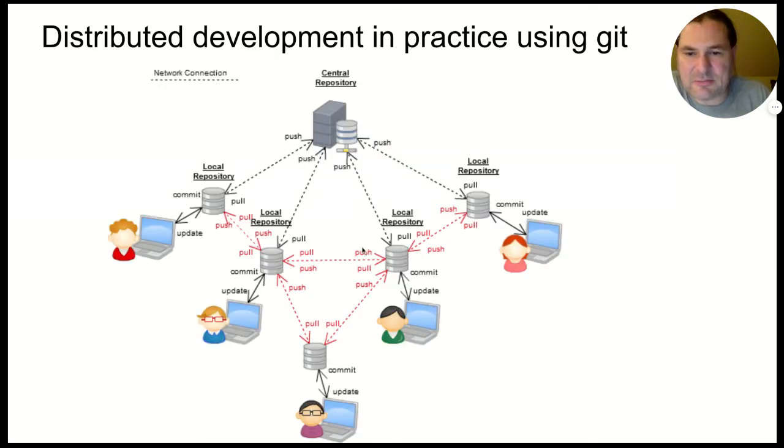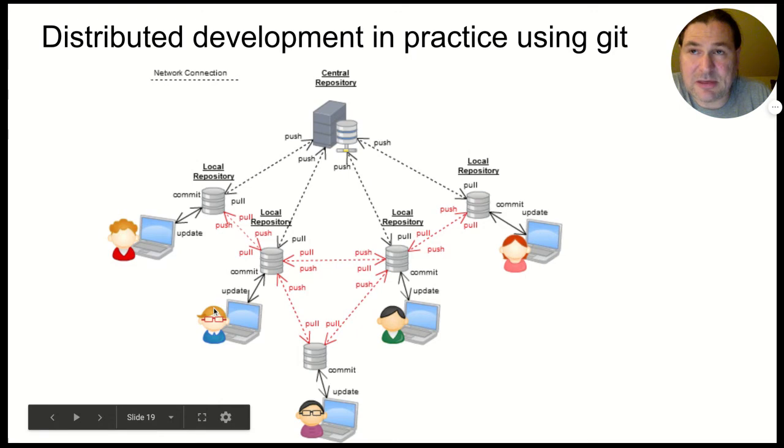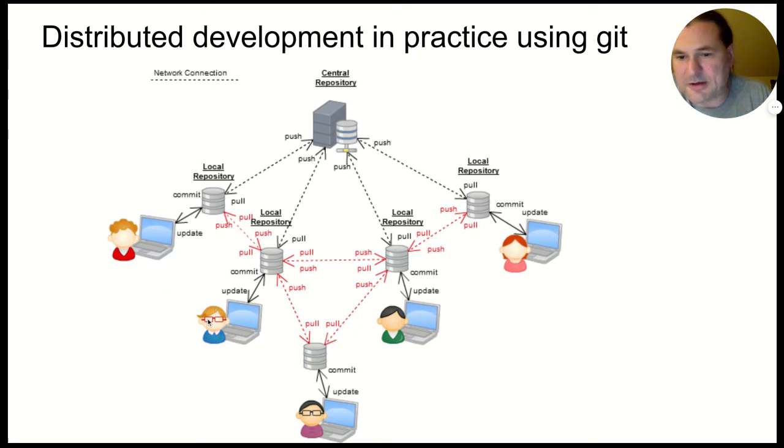So this is kind of the same thing, but this developer over here, let's call them A. Let's come up with a name. Alfonso. So Alfonso over here, and we'll go with this person will be B. This will be Brianna. So Alfonso and Brianna have declared each other to be remotes, right? So your origin, if you're Alfonso, your origin is a central server, but you've been like, you know what?